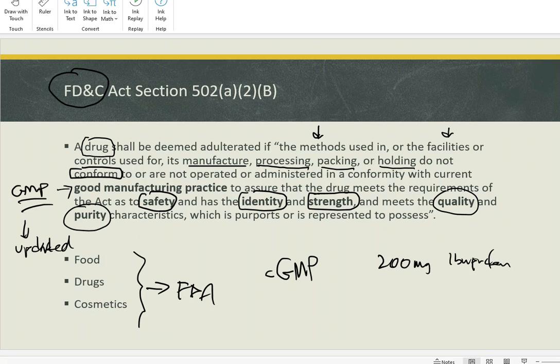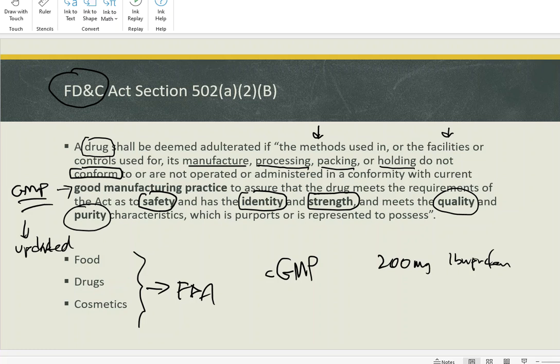I just used pharmaceutical as an example, but I could be working for Revlon, and I could be making the next eyeshadow that is going to take off and make me billions of dollars. And that eyeshadow has to be produced. It is a product that's going to get sold to a consumer, and it is a cosmetic.